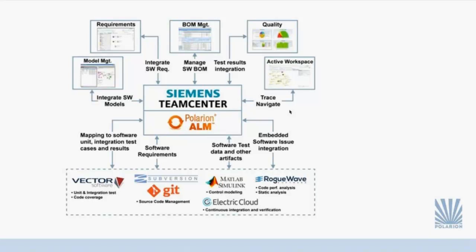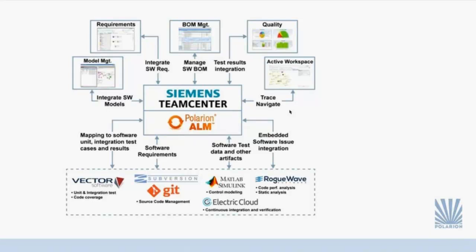We see that for PLM, the software becomes the very critical piece where the innovation happens. I mean, most of the customers report that today most of the innovation happens on the software part. And the integration already exists that helps you to integrate the software management through the Polarion into the full PLM landscape.